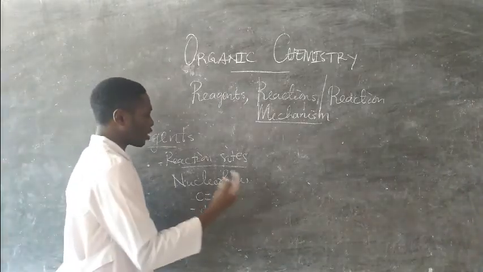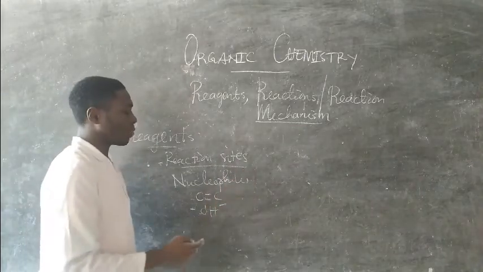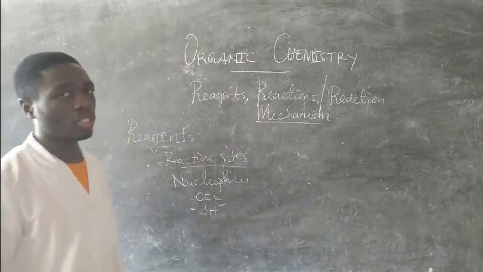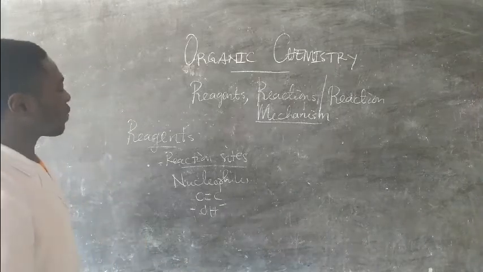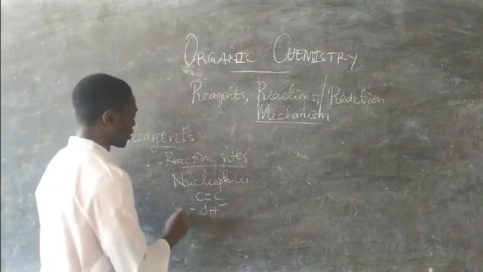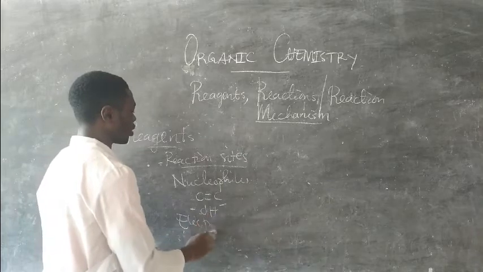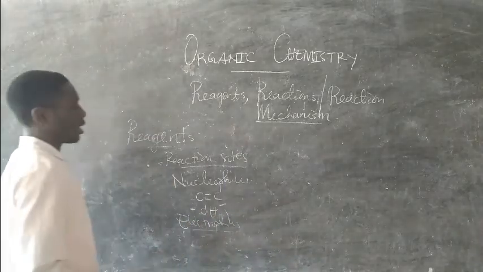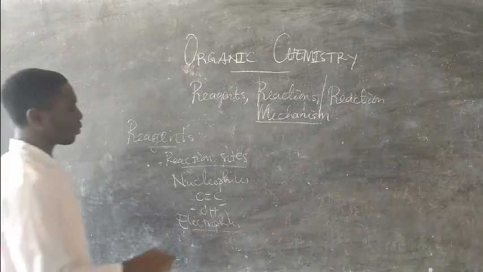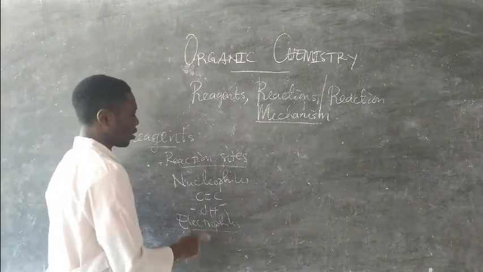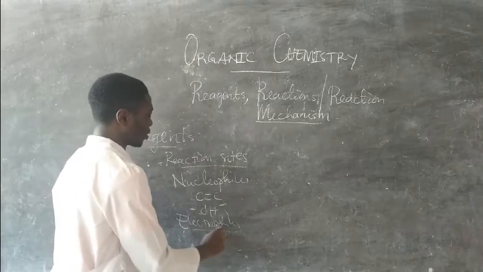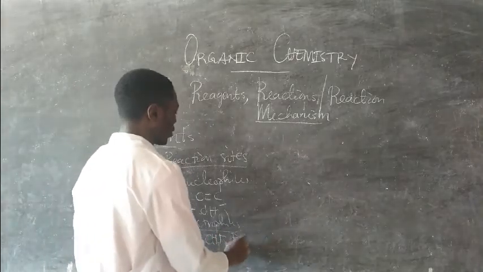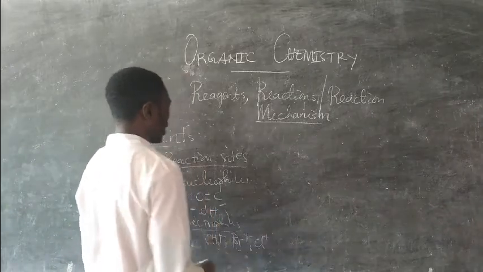Lone pairs of electrons are nucleophiles, double bonds are nucleophiles, and negatively charged species are also nucleophiles. Examples of electrophiles are positively charged species, for example CH3 plus, Br plus, Cl plus, and so on.